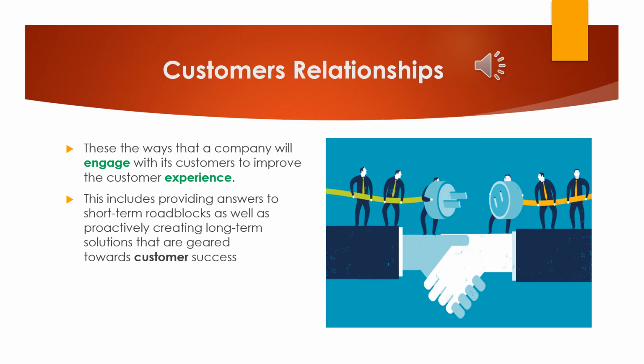Last but not the least is the customer relationships. So these are the ways that a company will engage with its customers to improve the customer experience. So basically we create relationship with our customer to have their better experience about our services and products.